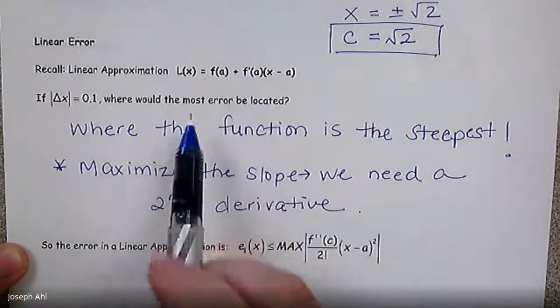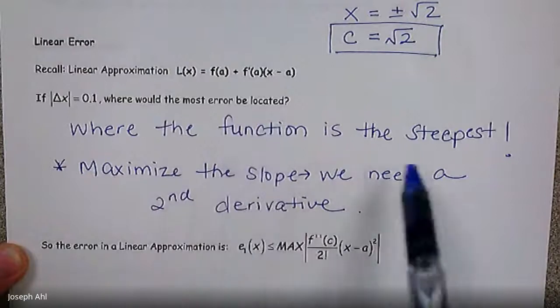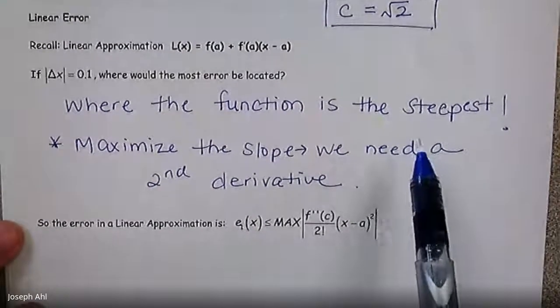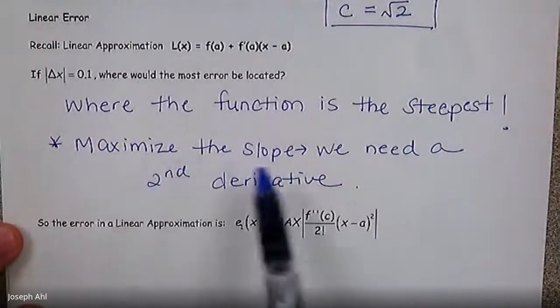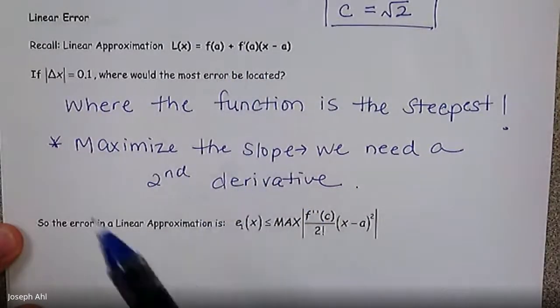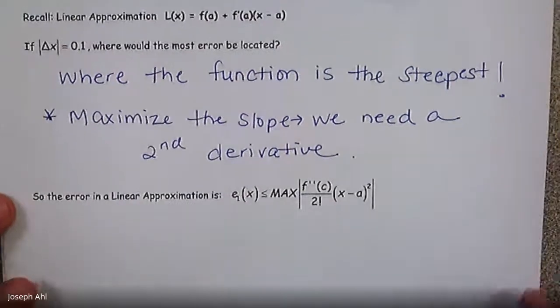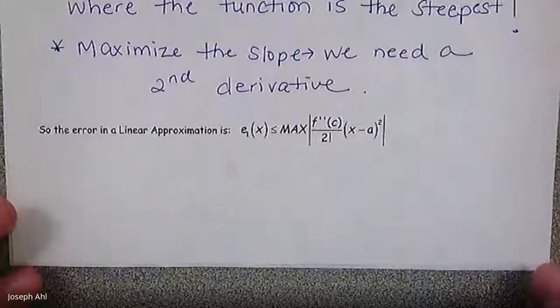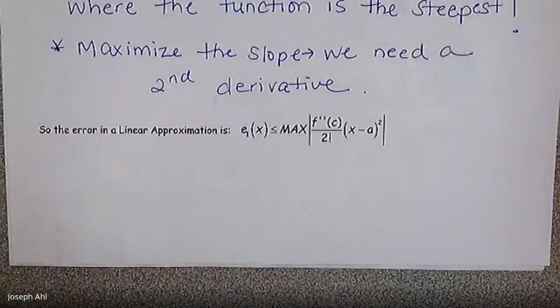So when we're talking about error of a linear approximation, if we're trying to figure out where the function is at its steepest, in order to determine that, we're going to be maximizing the slope of this slope, which represents the second derivative of the function. So this formula, I'm not going to really go through the derivation. In fact, there will be some information in a packet coming later on that has some explanation behind this, but don't worry too much about it.